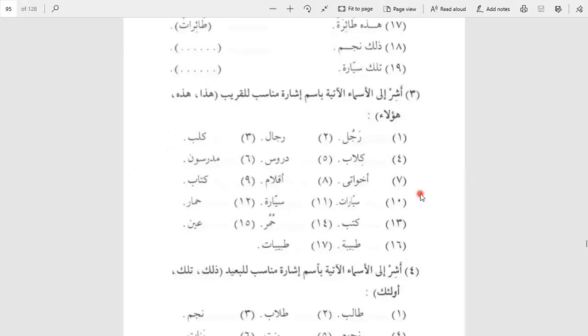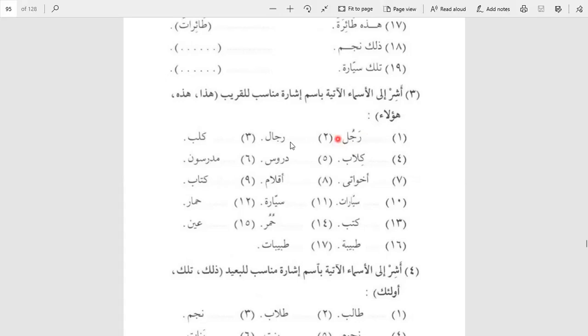Alhamdulillah, we are doing the same here. It's very simple. We are going to use the appropriate words, hadihi, haulai, using these words. I'm going to say haulai. We say haulai rajulu.